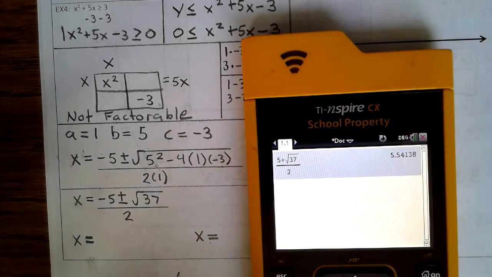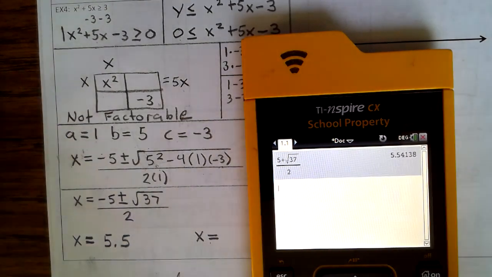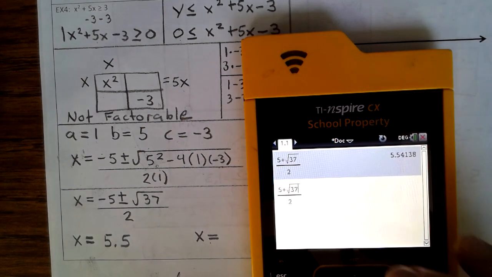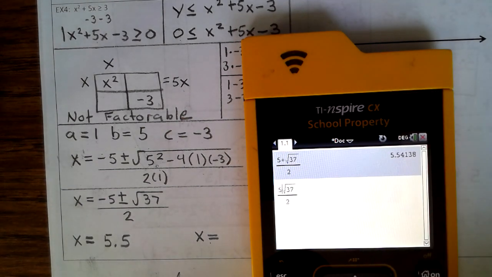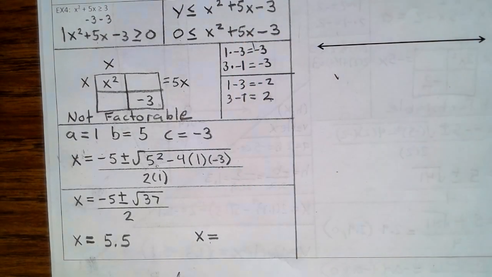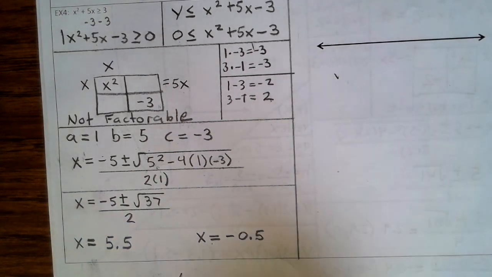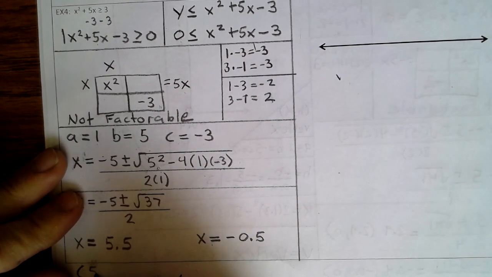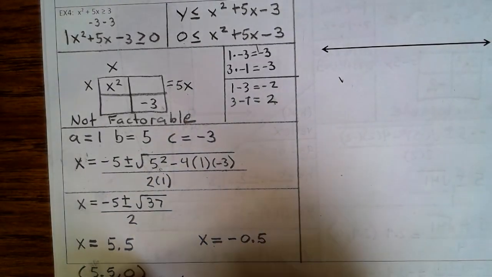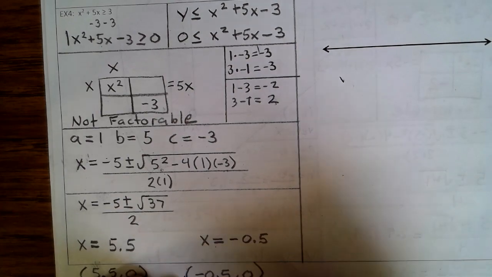Let's round to one decimal place, so that's 0.5. Then we change the plus to a minus, and that's negative 5.5. So you have a point at 0.5 comma 0 and negative 5.5 comma 0.